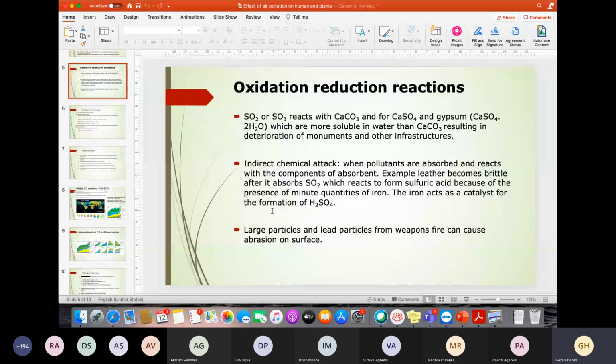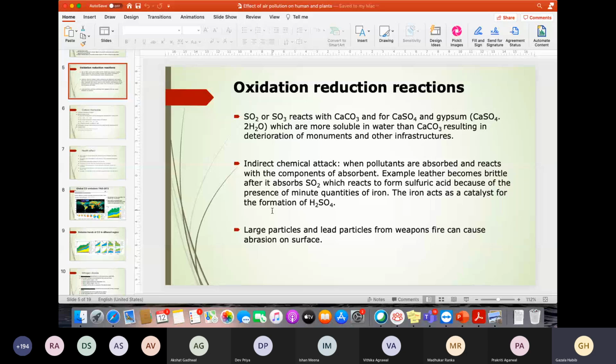So we closely did the data analysis during foggy days and non-foggy days, and we found out that whenever iron and other catalysts, basically iron, is present, fog formation is enhanced.